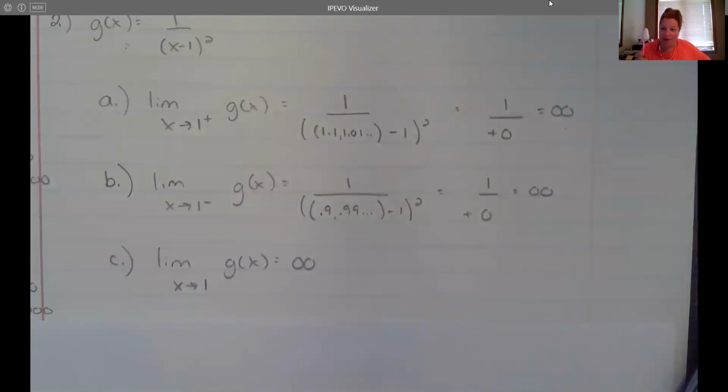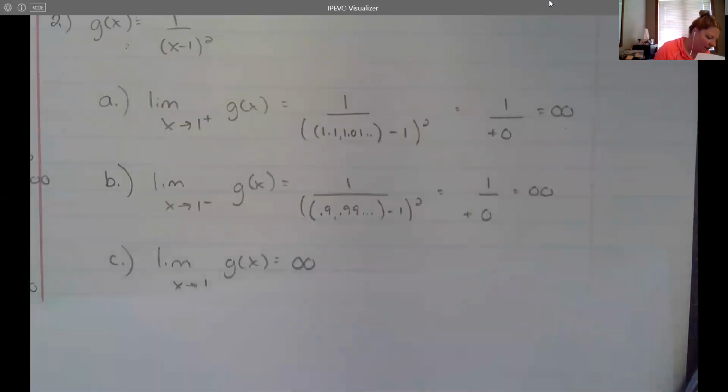They're both going to positive infinity, so the whole thing is going to positive infinity at 1. They both are going up like this. So the limit can exist because the left and right match. The last one, the limit didn't exist at 1. It only existed as you go from the left and from the right, and they were opposite.